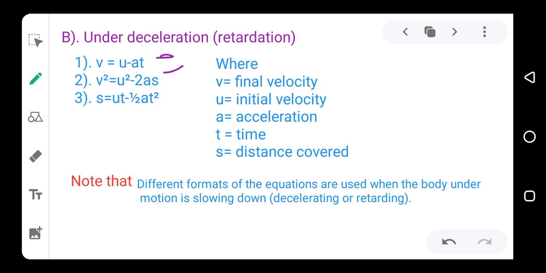So here also we change it, and here also we change it. All the positive signs, we change them to negative. Then all the parameters still remain the same. v still means final velocity, u still means initial velocity, a still means acceleration, t time, and s distance covered.